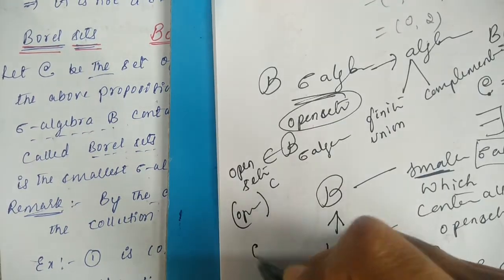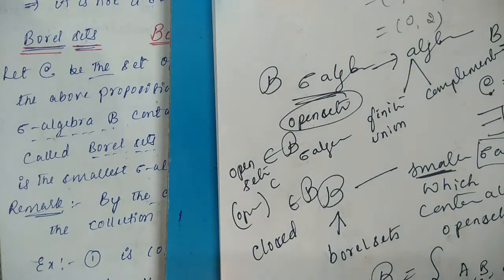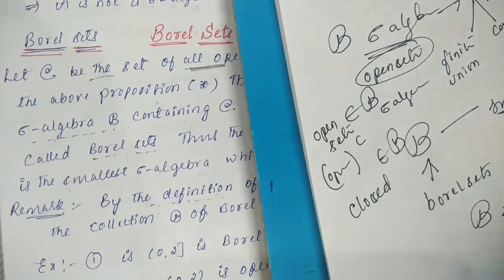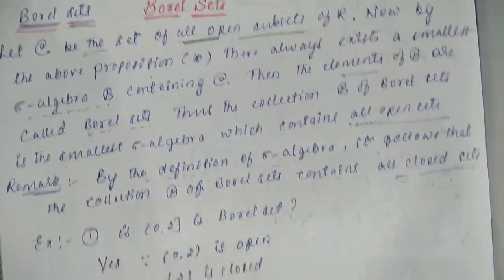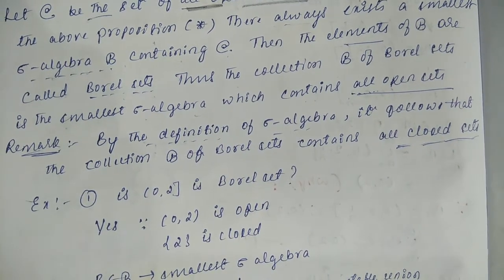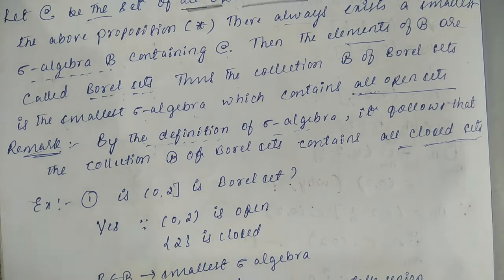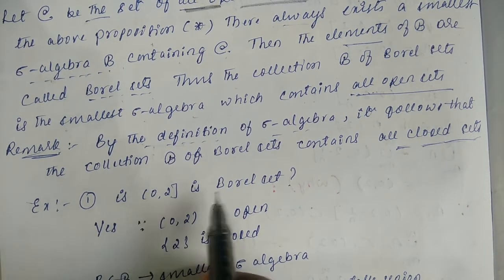The complement of an open set is nothing but a closed set. So a closed set clearly belongs to B. Since it is a sigma algebra, it also contains closed sets. By the definition of a sigma algebra, it follows that the collection B of Borel sets contains all closed sets.